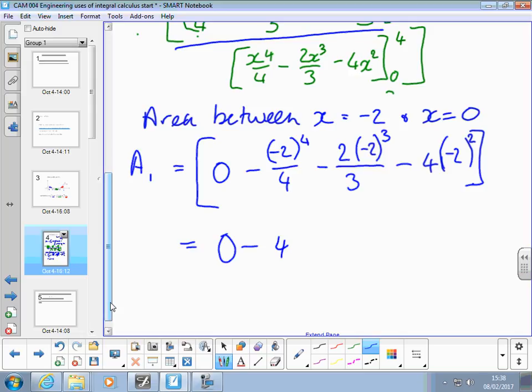Minus 2 to the 3 is minus 8. So that's minus 16 over 3. So it makes it plus 16 over 3, because that's minus 16 over 3 is plus 16 over 3. And then this bit is minus 2 squared is 4. 4 times 4 is 16.